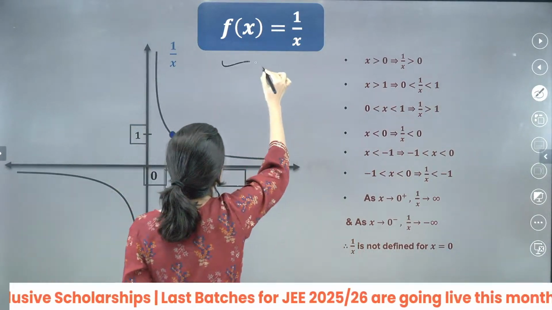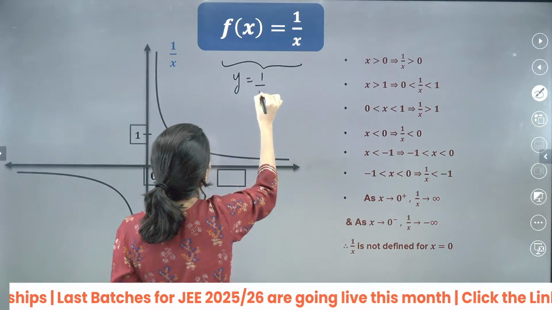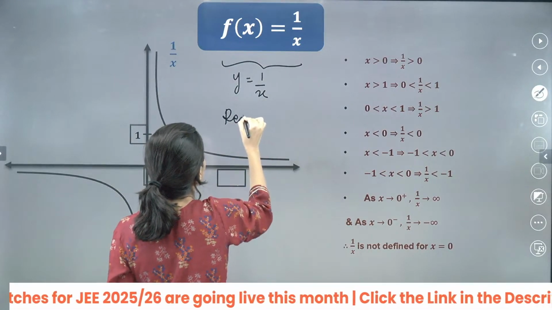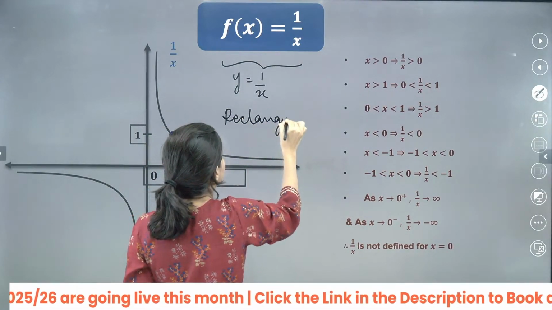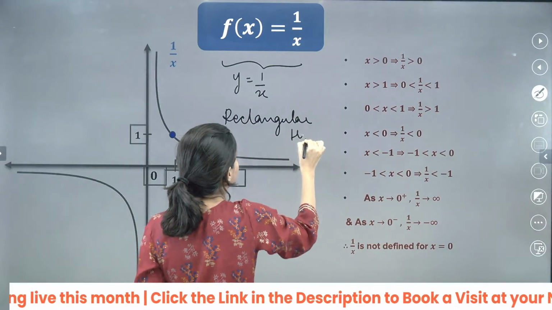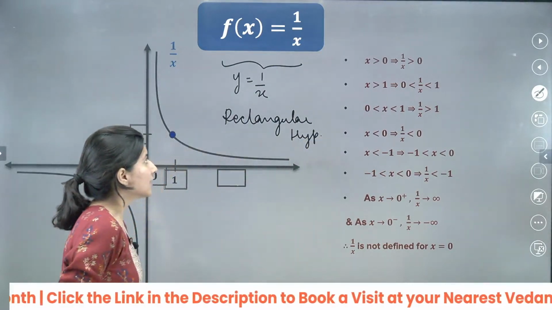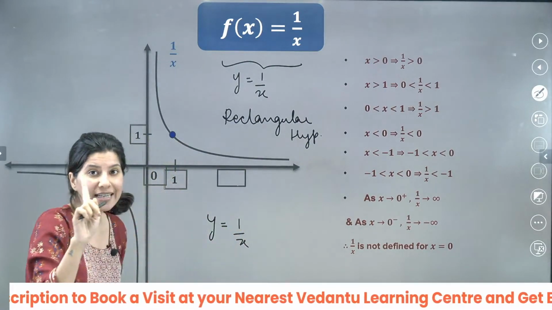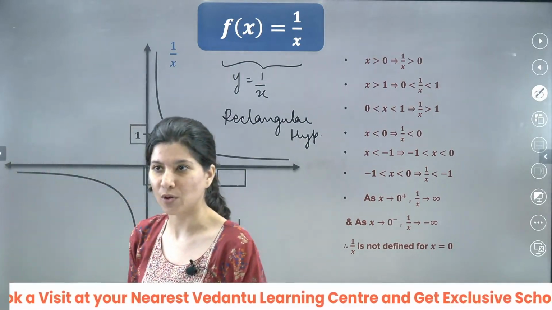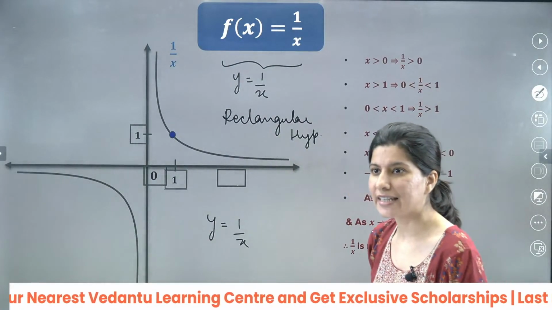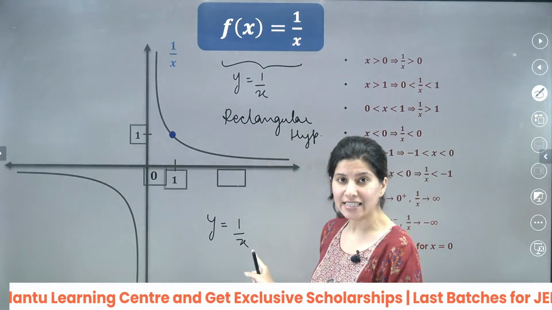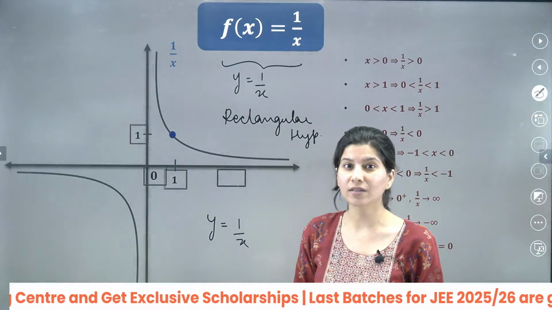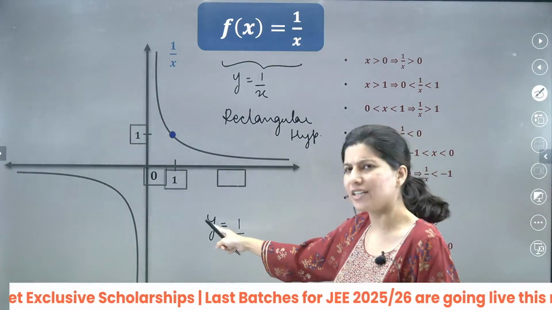Now this very graph, a very important graph, is a rectangular hyperbola. Y equals 1 by x is a rectangular hyperbola. Understand y equals 1 by x. Tell me one thing in the chat box. When x is positive, y is what? When x is positive, y is also positive.